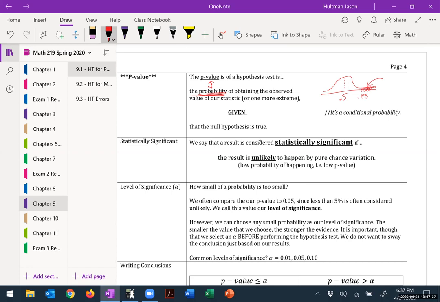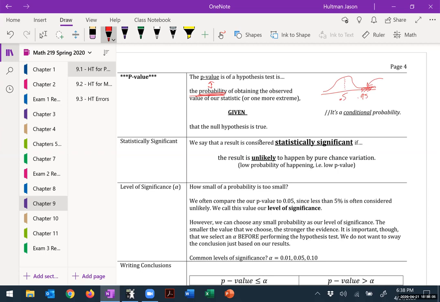It's a conditional probability. What is the probability of obtaining the observed value given that the null hypothesis is true? Given that 0.5 is our null or our mean value, what's the probability of getting 95% or above? So that's my p-value.